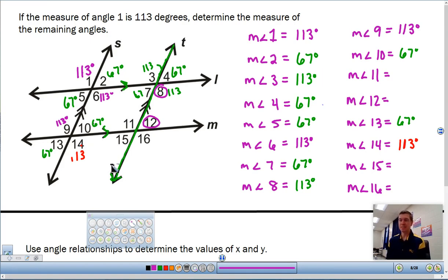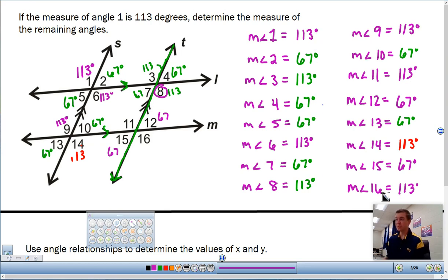And same side interior angles should be supplementary, which means that 12 will be the supplement of angle 8. In other words, 67 degrees. Once we know that, 67 should transfer over to the angle 15 through the vertical angles theorem. And then 11 and 16 would be supplements of 15 and 12, which makes those 113 degrees.